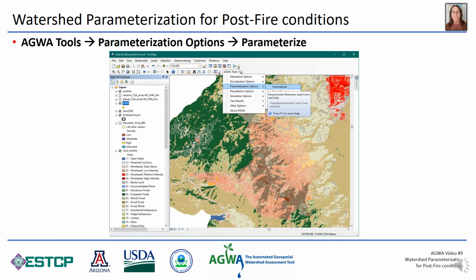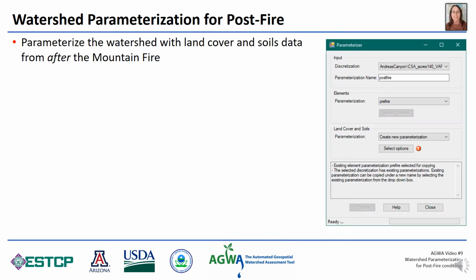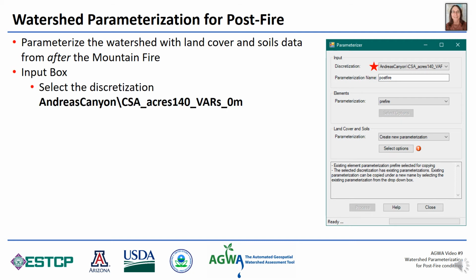Now that we've created the post-fire land cover, we'll parameterize the Andreas Canyon watershed for post-fire conditions. Go to AGWA Tools, Parameterization Options, Parameterize. In the Parameterizer form that opens, in the input box, select the discretization that you created in a previous video.